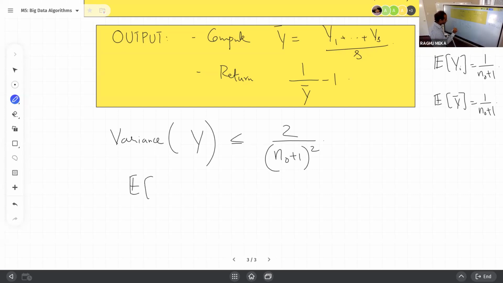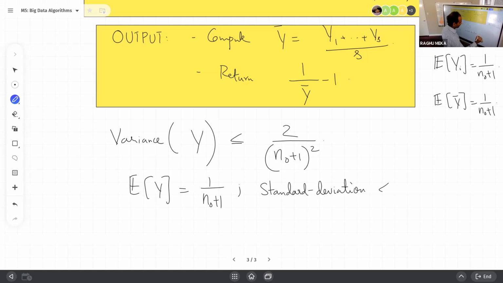So the expectation of y is 1 over n0 plus 1, and the standard deviation is at most square root 2 over n0 plus 1.